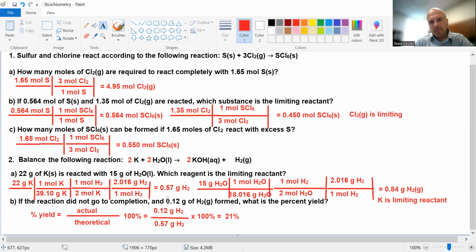In B, we were given 0.12 grams of H2. So I need to compare it to what the full yield would be if it went to completion, which must be also in grams. If it was calculated just in mole, then I'd have to convert the mole to the grams. I've got to compare apples to apples. Or I could alternatively convert the grams back to mole.